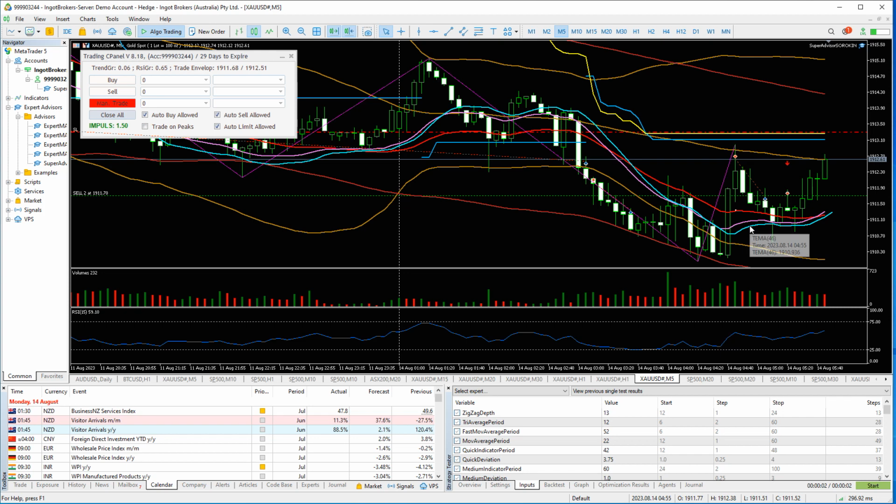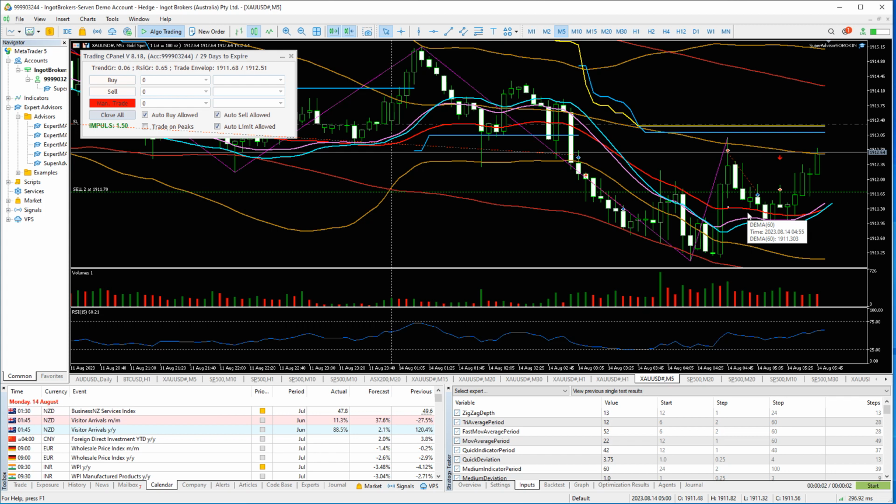So the TEMA and DEMA. TEMA means triple exponential, and DEMA the double exponential. The double and triple exponential moving averages are actually guiding you better than just normal simple moving averages.